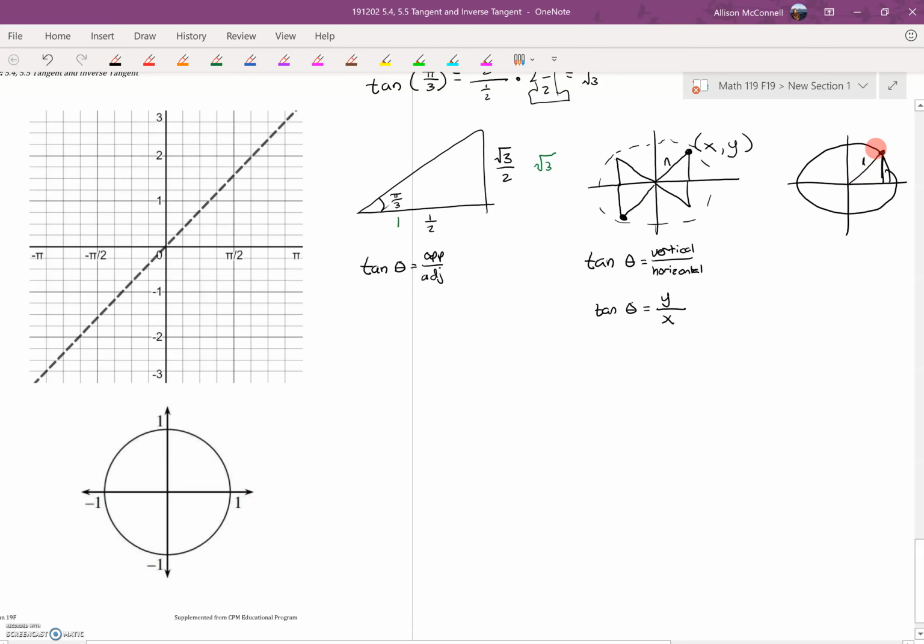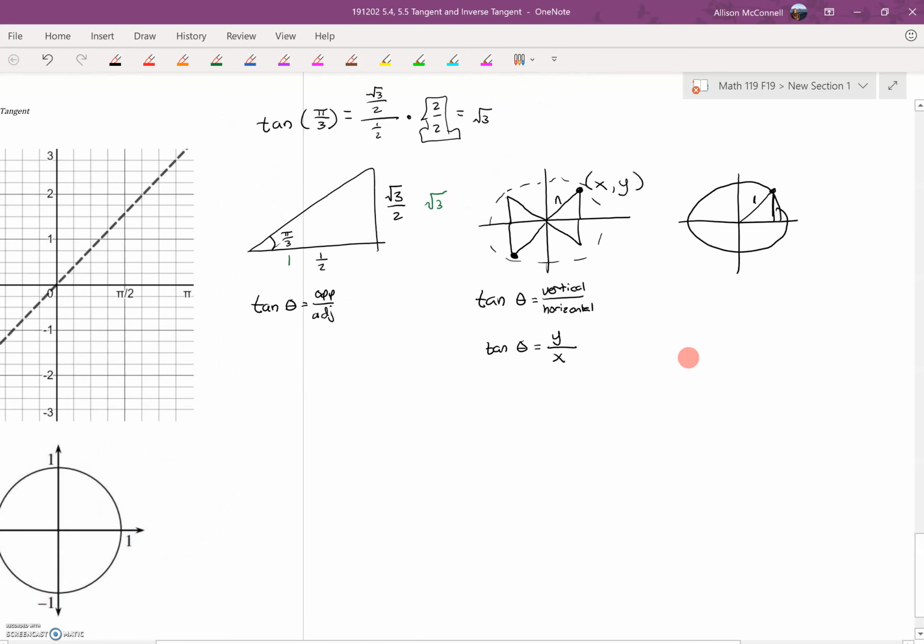And so in this case, if we're thinking about the x and y values, then in the unit circle, tangent is also defined as the sine of theta over the cosine of theta. So we currently have 4 different ways of defining tangent. You have the tangent of theta equals sine of theta over cosine of theta as well.